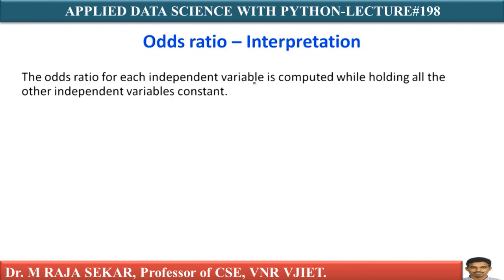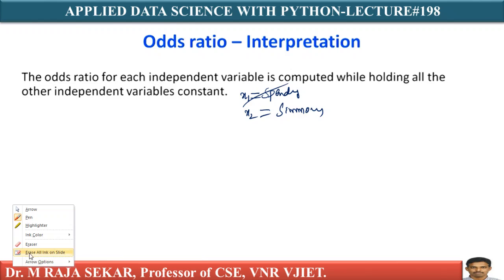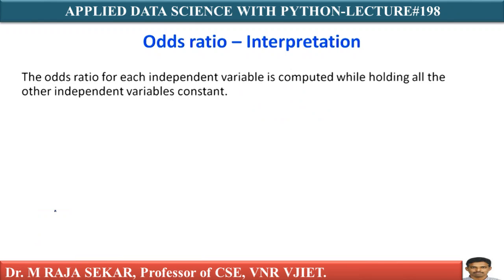In this particular example, there are 2 independent variables, x1 and x2. One independent variable is related to spending amount and another one is related to Siemens credit card, isn't it? You can calculate odds ratio for spending amount as well as Siemens credit card. Already I calculated the odds ratio for Siemens credit card.